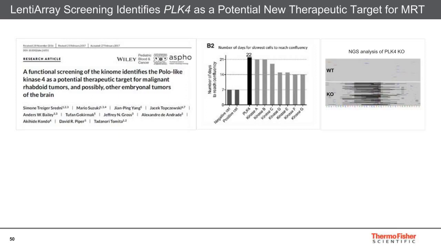This indicated that the cell growth was inhibited if PLK4 was knocked out, and we further confirmed that in these cells where PLK4 was knocked out, in fact, you see on the extreme right-hand side good indel formation, indicating that the gene shows very high efficiency of knockout.